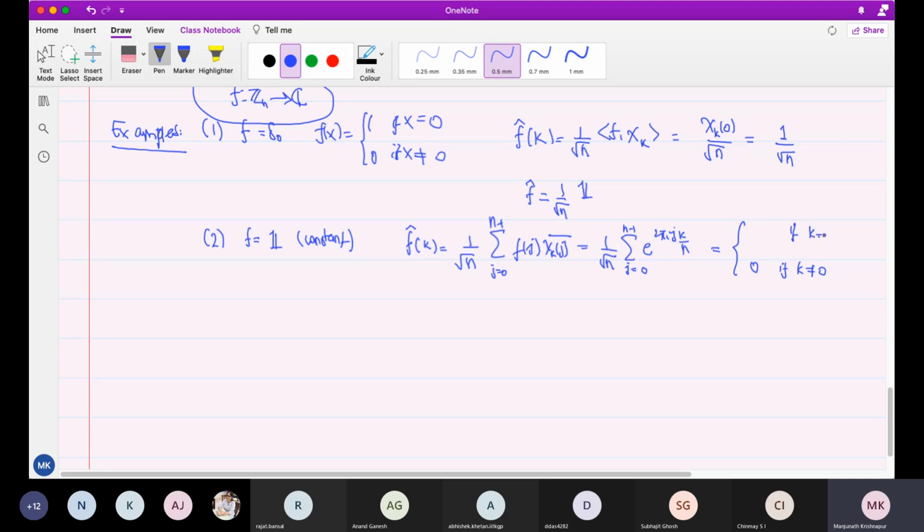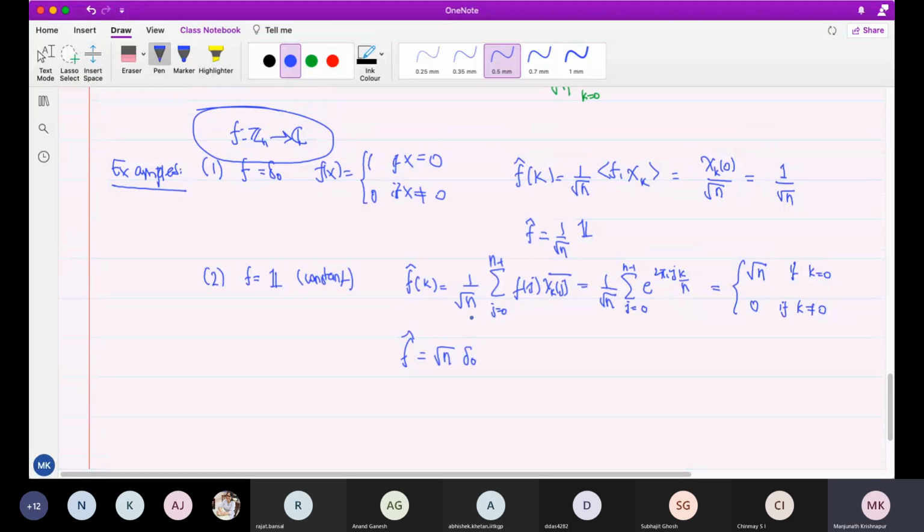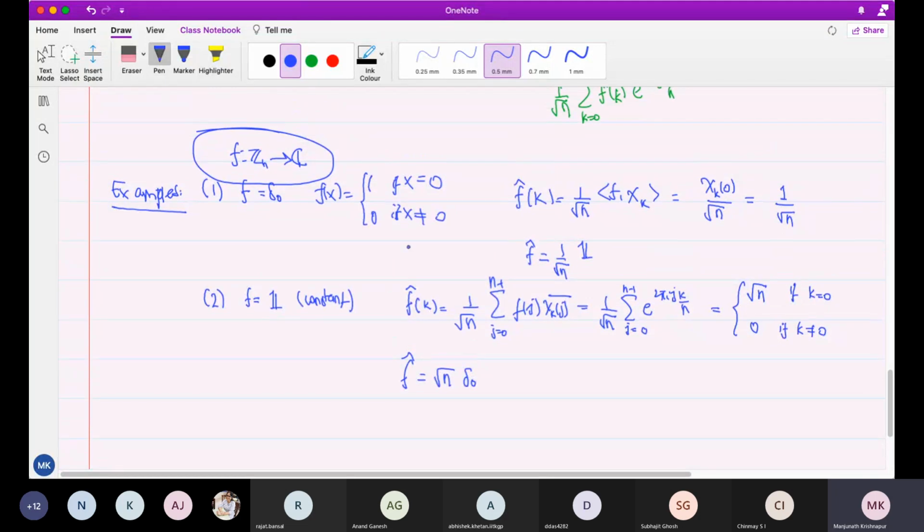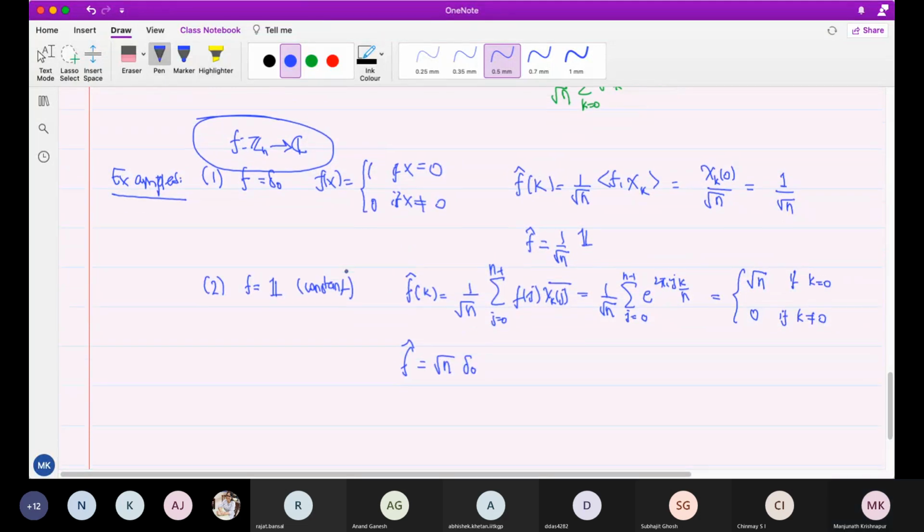And if k equals 0, then all these are 1. So you get n times, and then you get square root of n. In other words, f hat is square root n times delta 0. You could have got it from the Fourier inversion formula from the previous example, but I just did it.